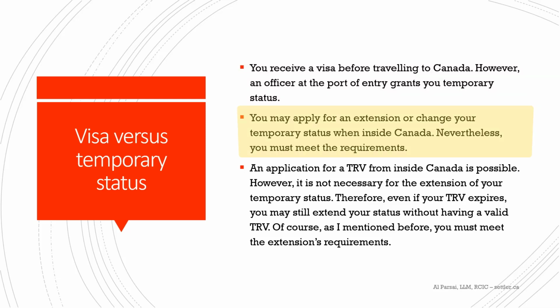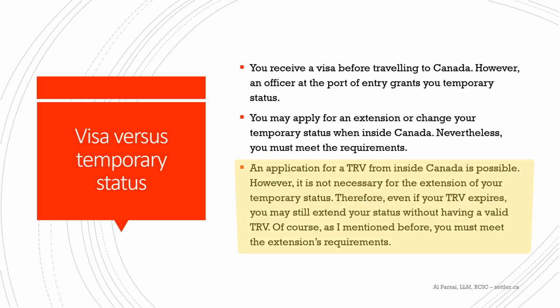While you are in Canada, you may apply for an extension or change of your temporary status. Nevertheless, you must meet the requirements. An application for a TRV from inside Canada is also possible. So in other words, you may be inside Canada, but you don't have a valid TRV, yet you have legal status.